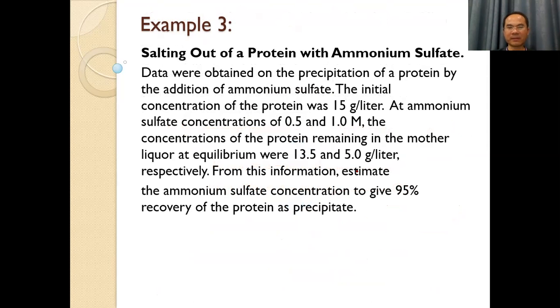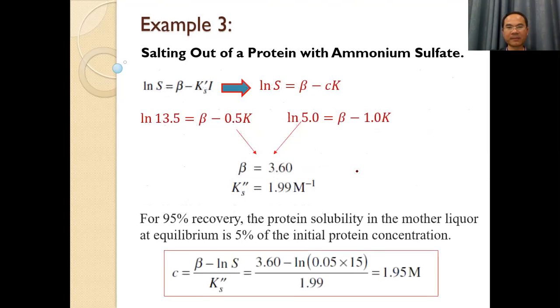At ammonium sulfate concentrations of 0.5 and 1 molar, the concentrations of the protein remaining in the mother liquor at equilibrium were 13.5 and 5.0 gram per liter respectively. From this data, calculate the ammonium sulfate concentration to give 95% recovery of the protein at precipitation.